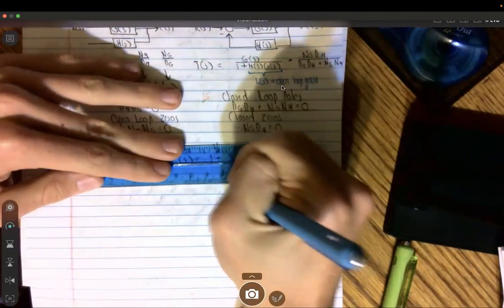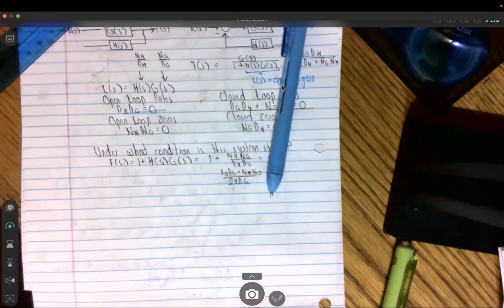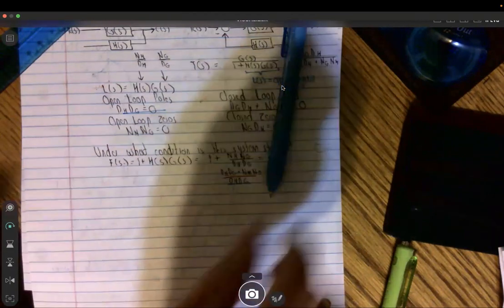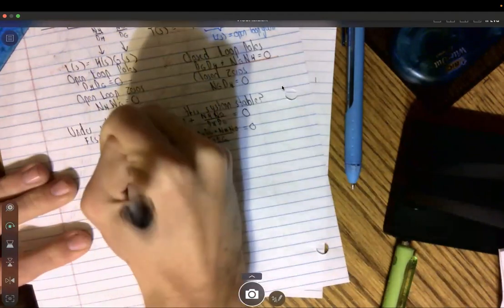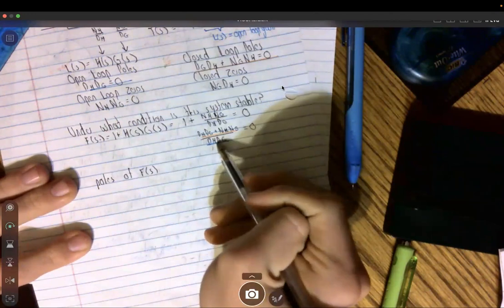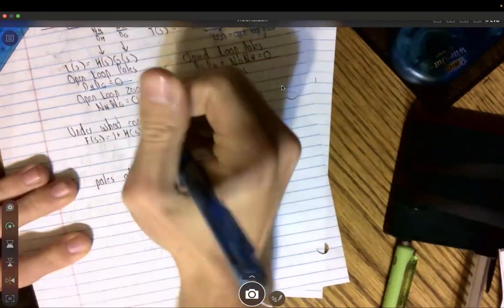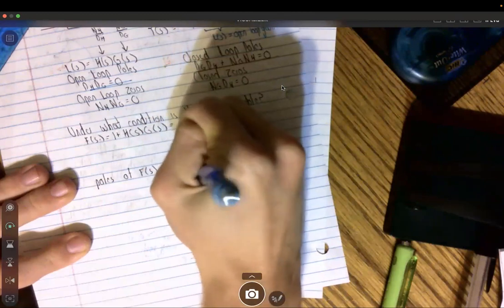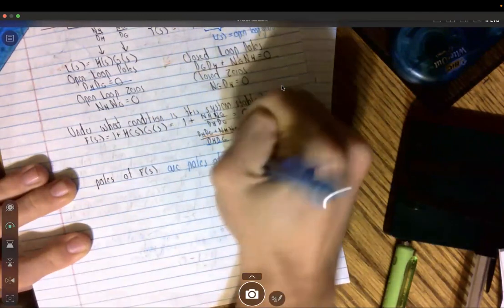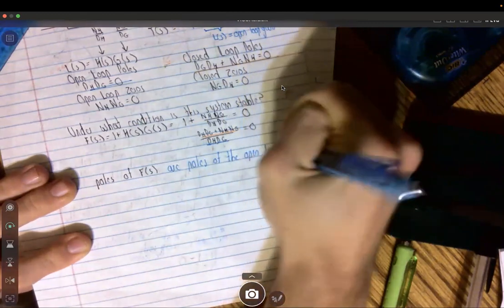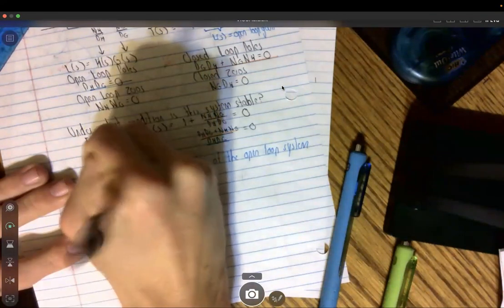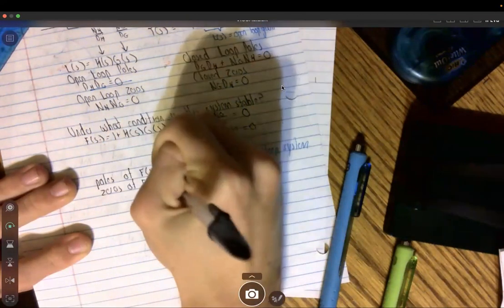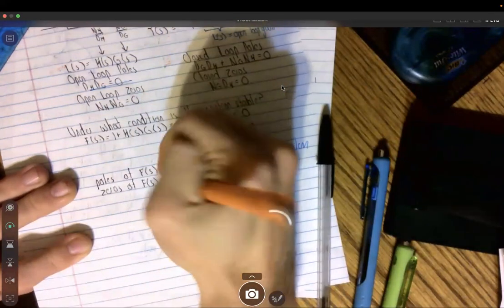But when our denominator is equal to 0, that's going to match the open loop poles. So the poles of F of S, which are the D of H D of G, are the poles of the open loop system, whereas the zeros of F of S are the poles of the closed loop system.